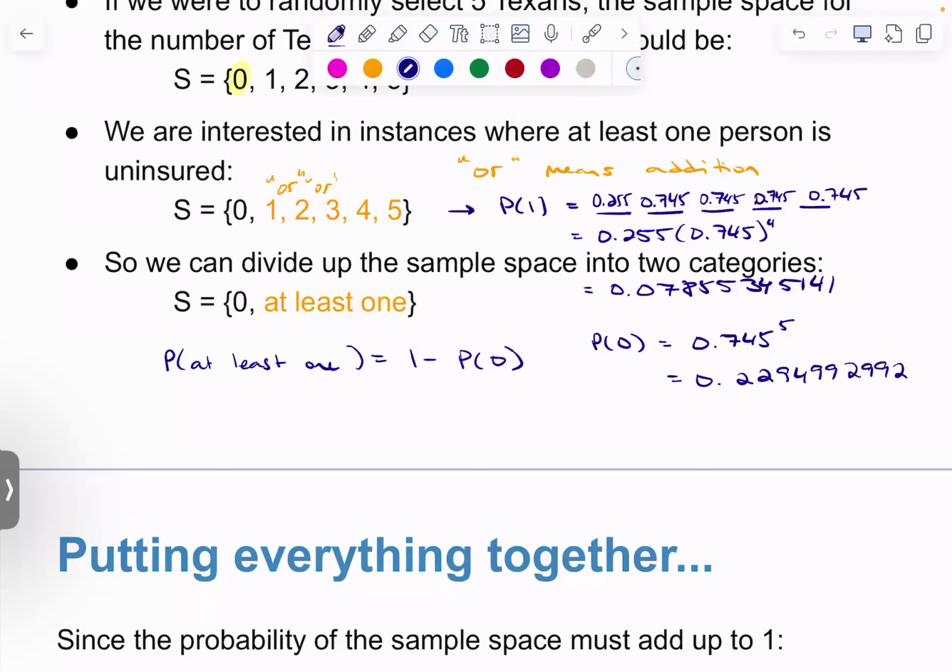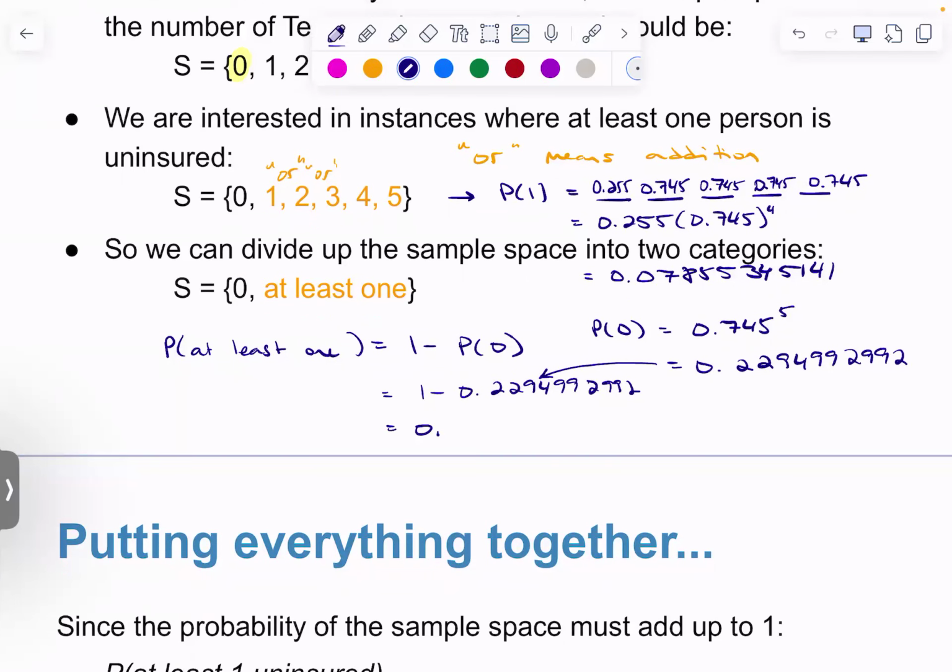So now the probability is going to be 1 minus 0.229499292, which is 0.7705007007008.